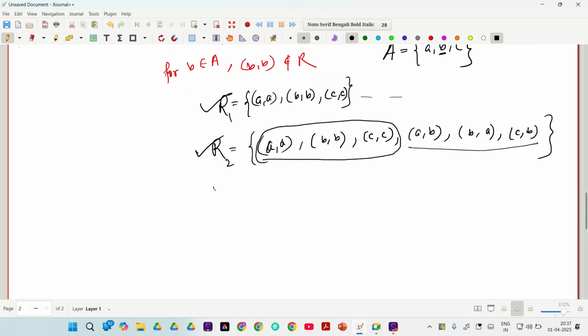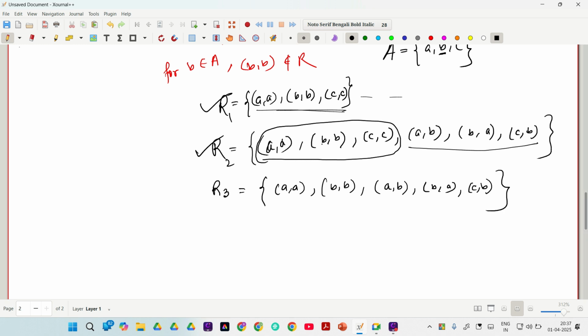But this R3 is not a reflexive relation because we can omit any of the three elements. I am omitting (c, c). So this has (b, b), and then I am taking (a, b) or (b, a) or (c, b). We have removed (c, c) in R3. That is why this is not a reflexive relation.